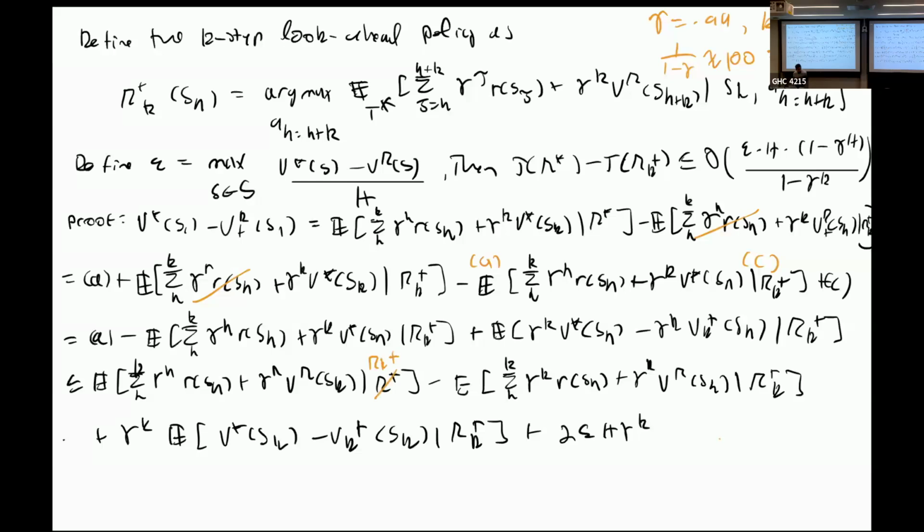And then these two terms are the same, so they cancel, and this leaves this thing over here. So at every step of this recursion, you pay 2 epsilon H gamma to the K, and then you pay gamma to the K times this recursion K steps in the future.